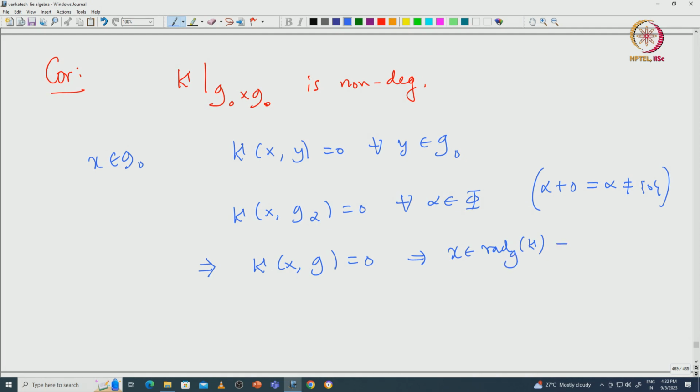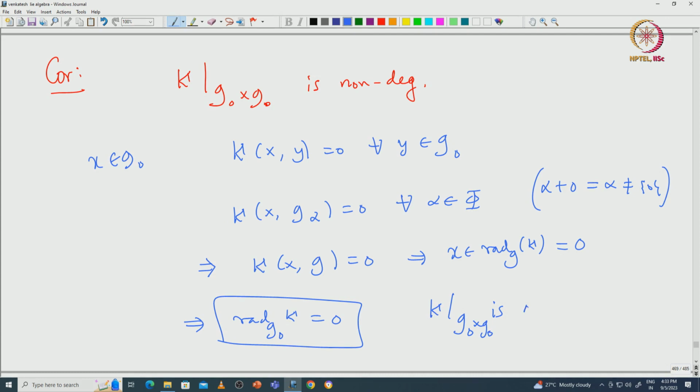But we already know that the radical of kappa on g is non-degenerate, so this must be 0. That implies the radical computed with respect to g naught is also 0. So that proves kappa restricted to g naught is non-degenerate.